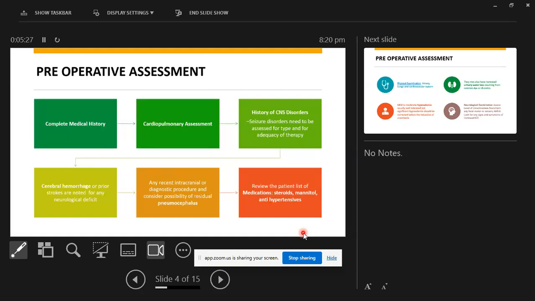And definitely, these patients need psychological assessment, as these patients often experience significant anxiety, requiring extensive counseling and psychological preparation. And in cases where we are planning for awake craniotomies, these patients must be cooperative, as they have to undergo extensive psychological preparation.